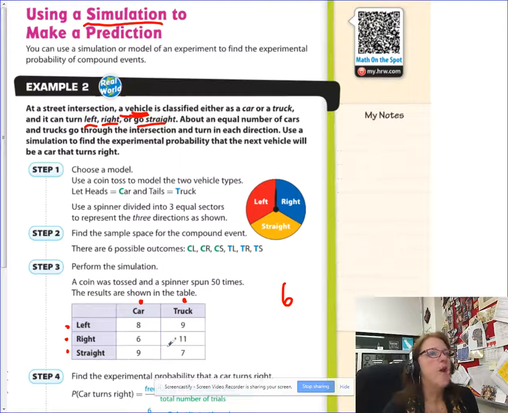Okay. Now, what you could choose to model all of that data would possibly be something that gave you 6 possible outcomes that are equally likely to occur. When I see 6, I'm thinking of rolling a die, but you certainly could also end up using something like a coin toss and then this particular spinner, which has 3 sections.